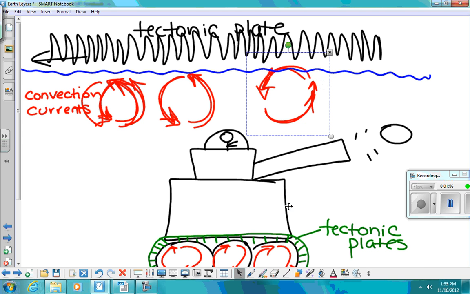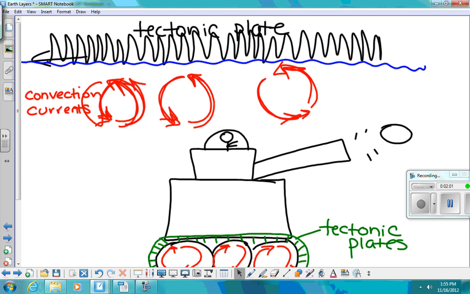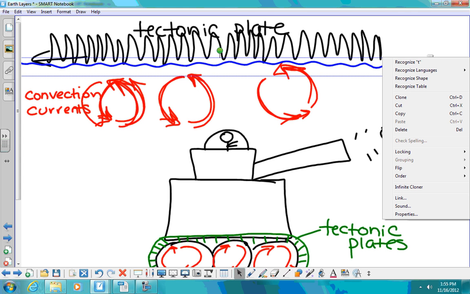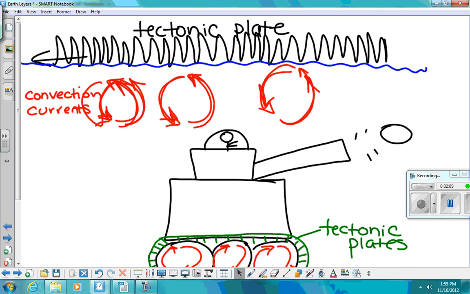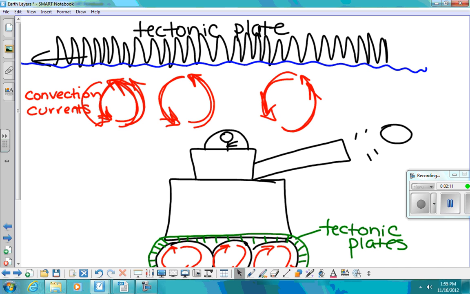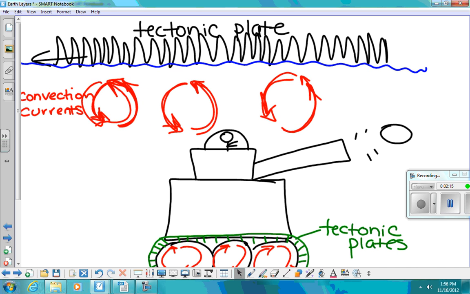Okay, so here we have our convection currents. Let's lock that in place. Convection currents spin, okay, like this. That hot magma is rising.